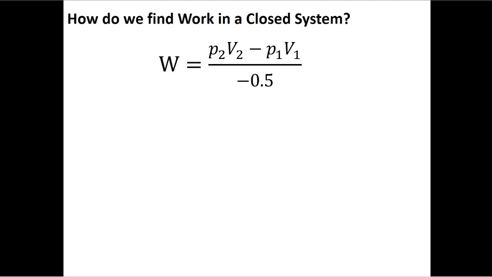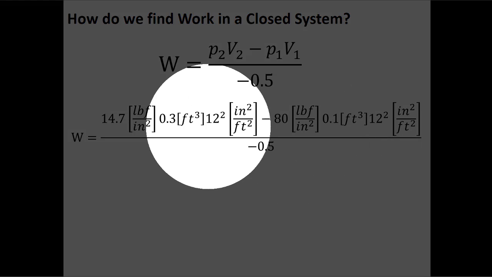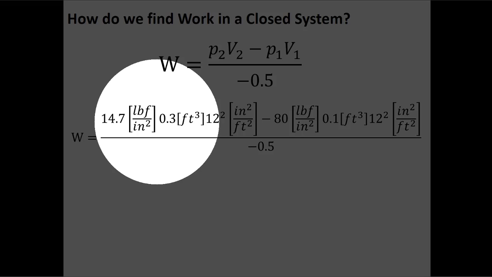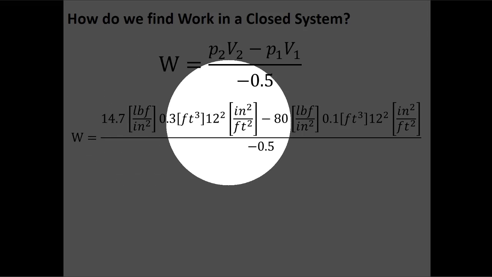So now I can go back to my work equation. I know all of the information here. The one thing I do have to do, so it's always important to carry units in my calculations. If I just wrote the P times V, my pressures are in pounds per square inch, and my volume is in cubic feet. So I'd get pounds cubic feet per inches squared, which is not a real unit.